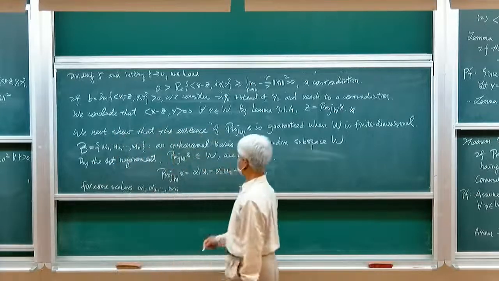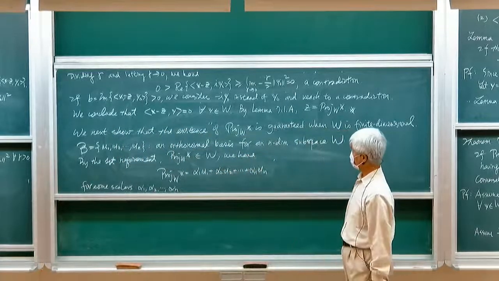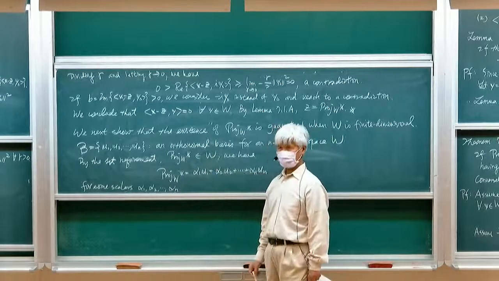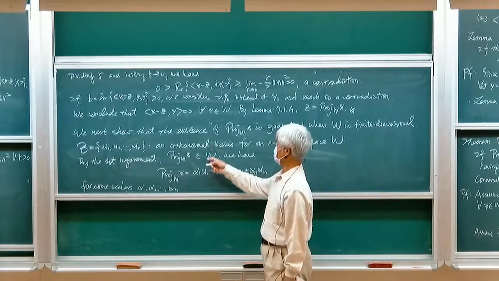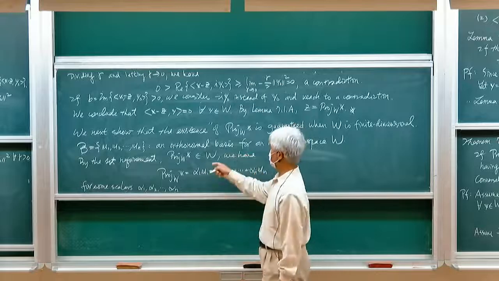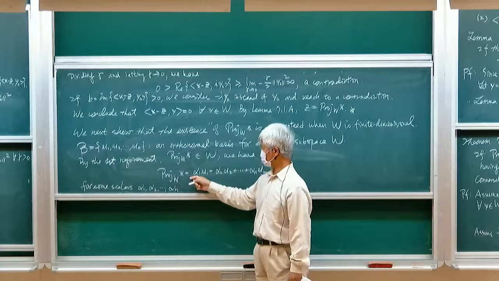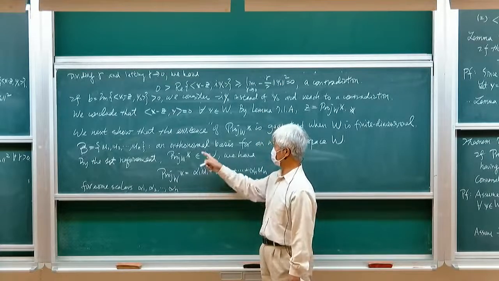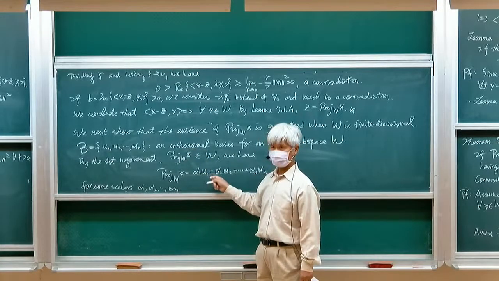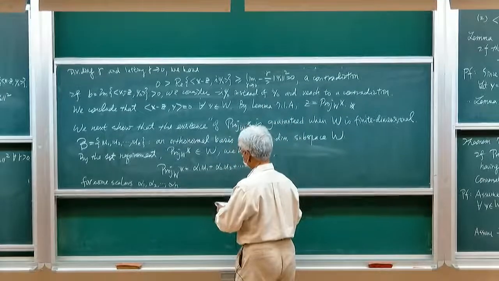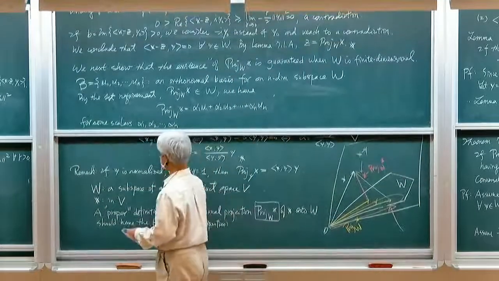So to search for an orthogonal projection of x onto W is just to find a linear combination of these basis vectors.